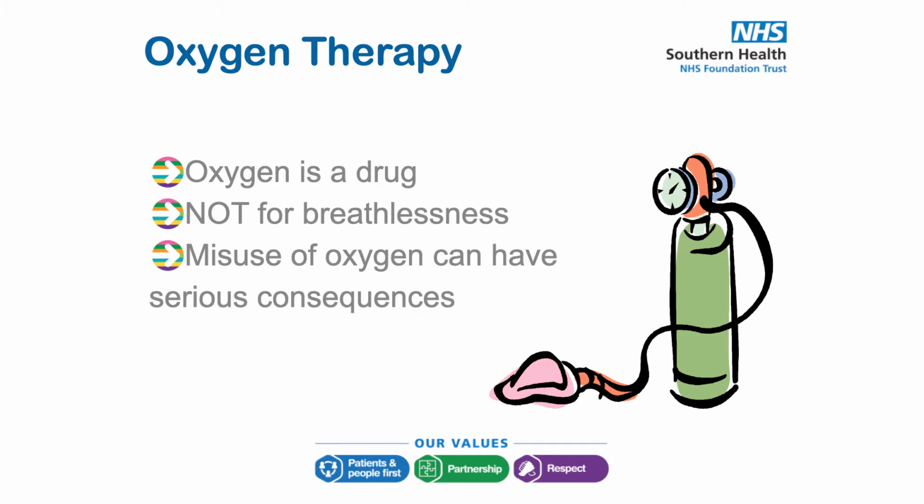The next medicine I wanted to talk to you about is oxygen therapy. So oxygen will only be prescribed for you under careful conditions, when you've been properly assessed by a healthcare professional. There are two ways we generally give oxygen. One is called long-term oxygen therapy, and that's for people with that low level of oxygen called hypoxia.